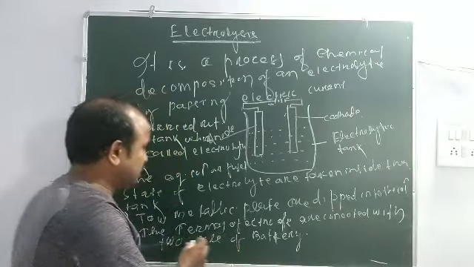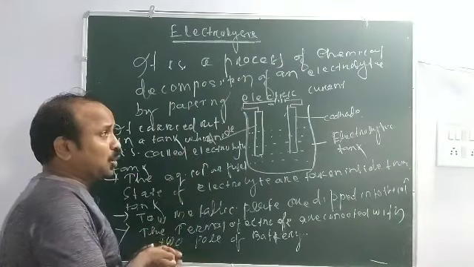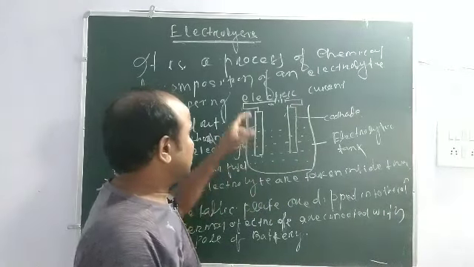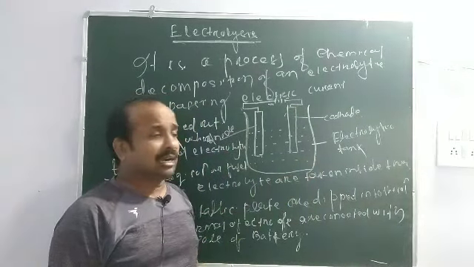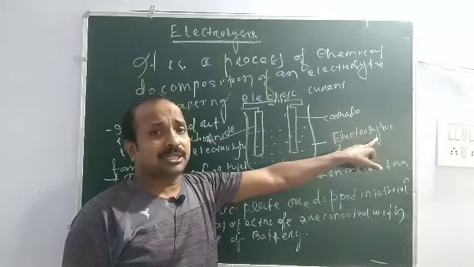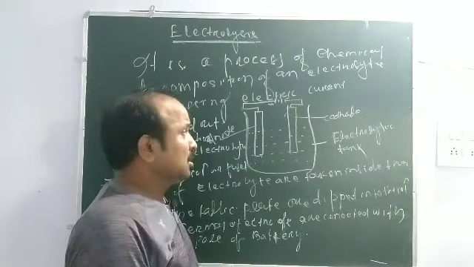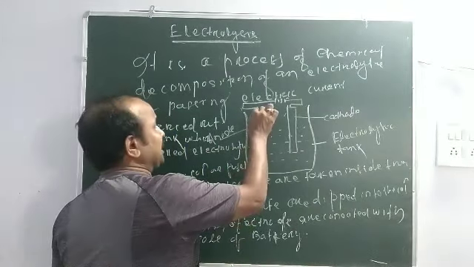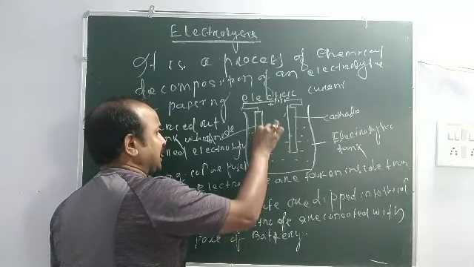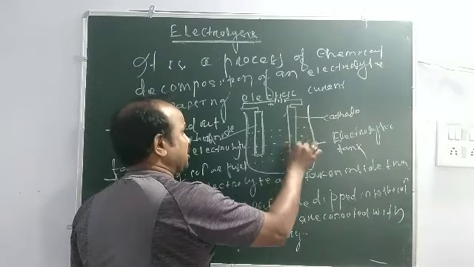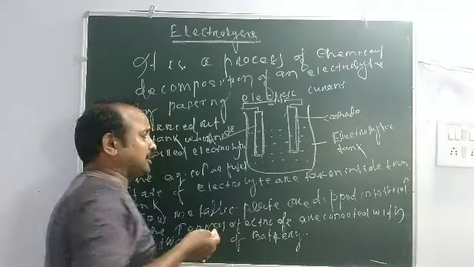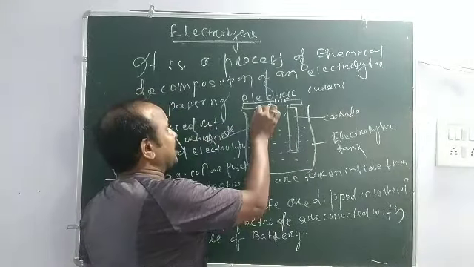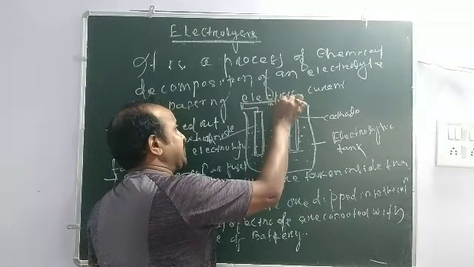That is called electrolysis, and it is normally carried out in a tank called the electrolytic tank. The two metallic plates which act as electrodes are dipped into the solution and connected with a battery.